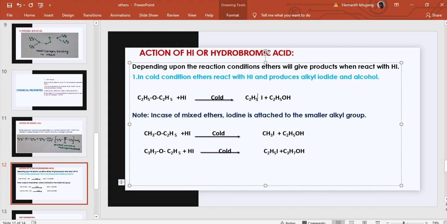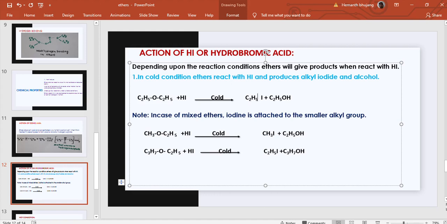So in case of mixed ethers, remember, the iodine part should always be attached to the smaller alkyl group.